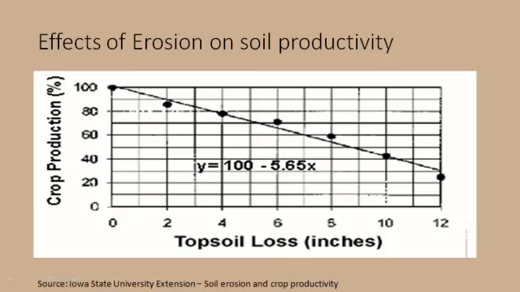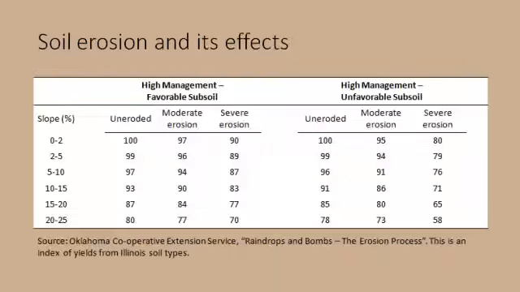Now, the folks from Oklahoma, they looked at it differently. They put together a yield index based on their slope breaks, the different types of erosion, and whether they had a favorable or an unfavorable subsoil. The unfavorable subsoil is thinner, it's denser, so the roots cannot explore as much.